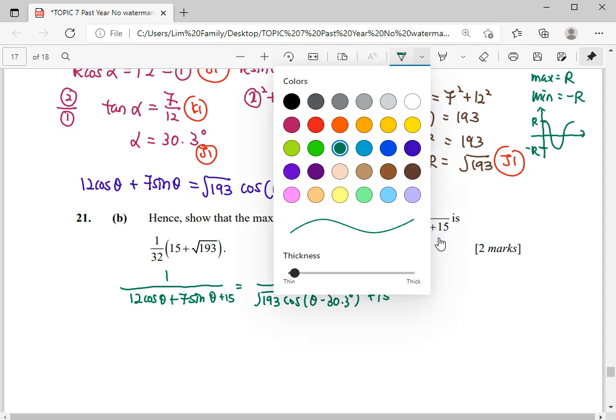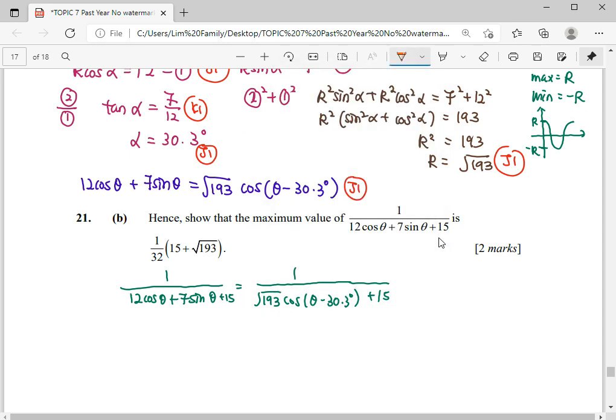We can only substitute 12 cos theta plus 7 sine theta equals square root 193 cos theta minus 30.3. Once I substitute here, then I know the maximum value should be square root 193, and the minimum value should be negative amplitude, negative square root 193.